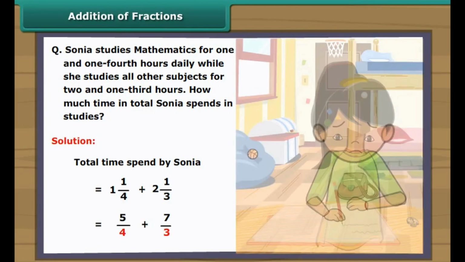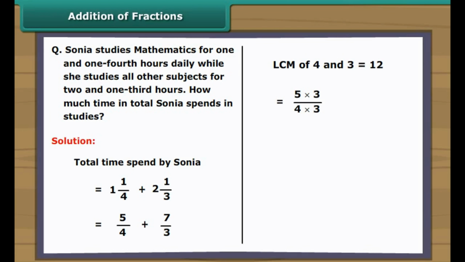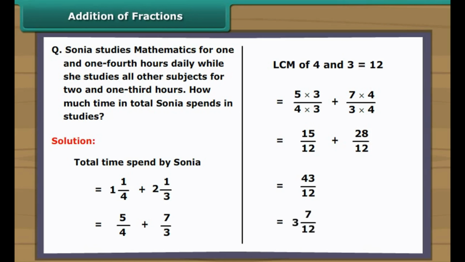Since the denominator is not same, we will take LCM of it. The LCM of 4 and 3 is 12. Therefore, (5 × 3)/(4 × 3) + (7 × 4)/(3 × 4) gives 15/12 plus 28/12. This gives 43/12. On simplifying this fraction, we get 3 and 7/12.